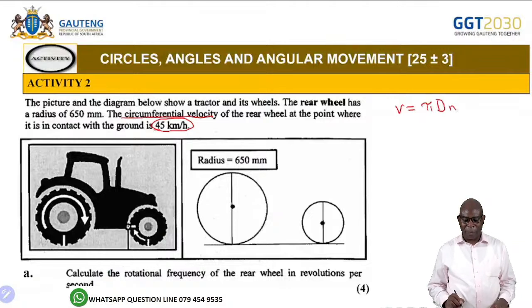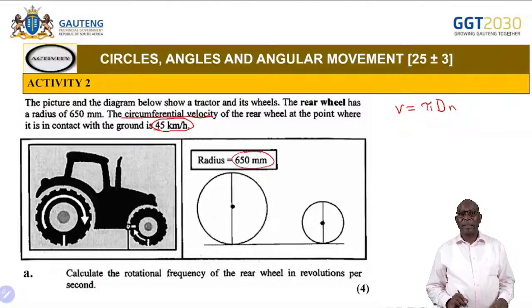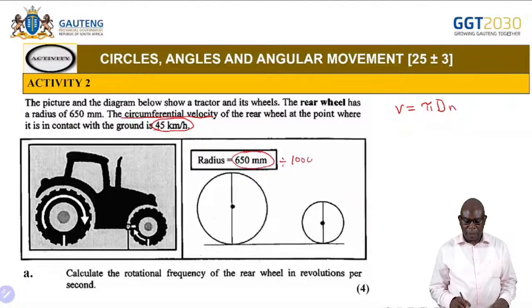Alright, that's my formula. But when I check this, I've got this one in millimeters, so I must change it to meters. Remember, I need everything in meters and the time in seconds. So I need to divide that by 1,000, of which I'll get 0,65.